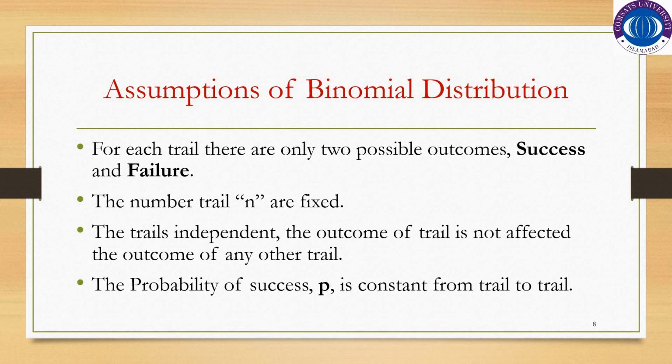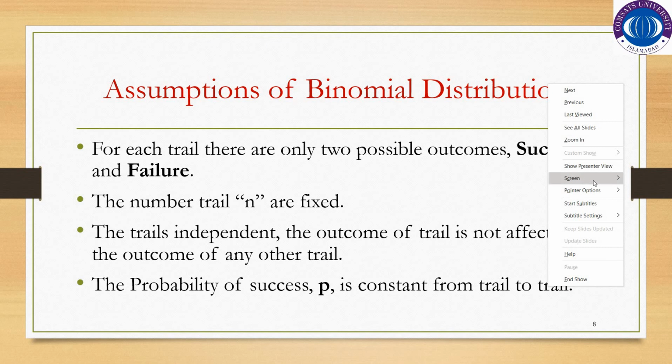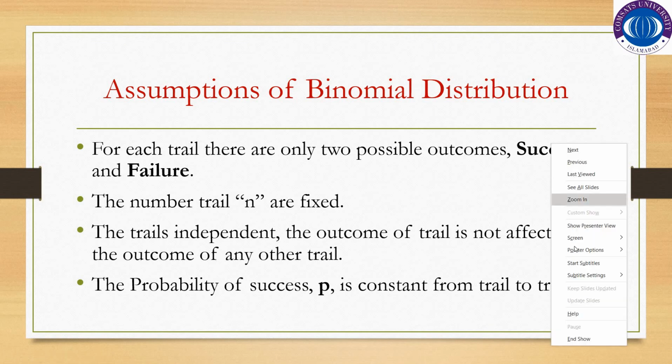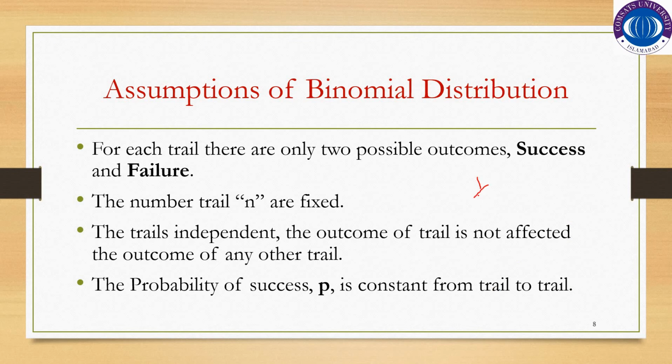For example, as we have said, we roll a die and our interest lies in the occurrence of 5. Now, occurrence of 5 is success. What is the probability of occurrence of 5? The probability of occurrence of 5 is 1 by 6. How many outcomes are in favor of 5? 1, and total 6. So 1 by 6.